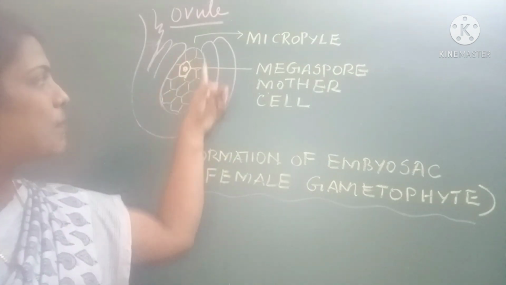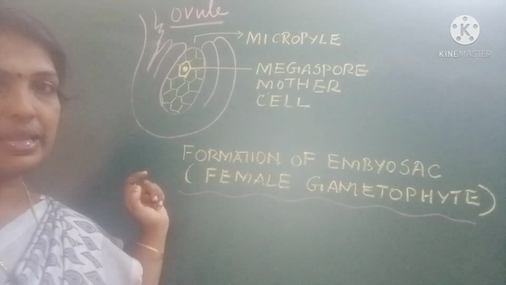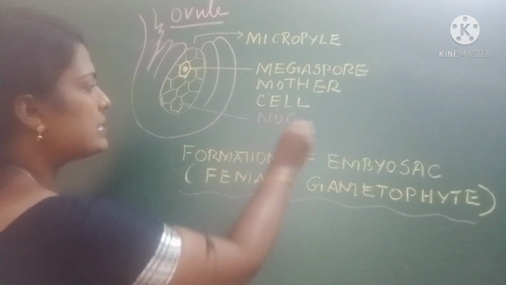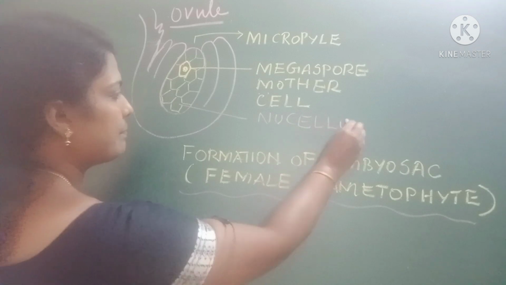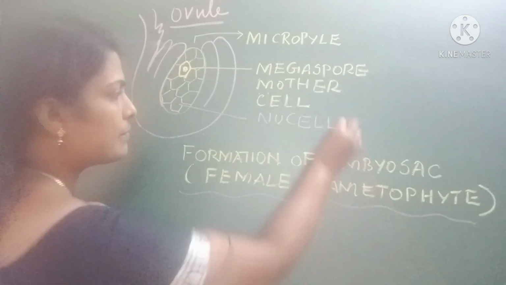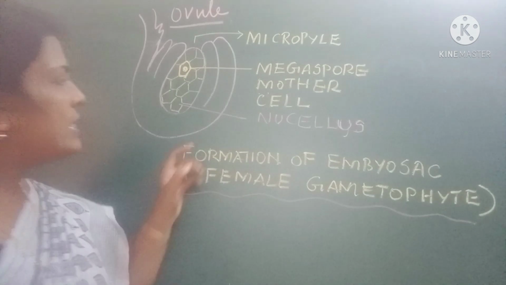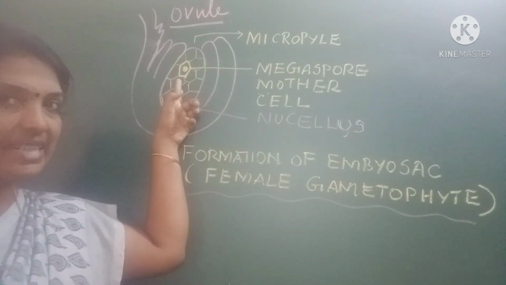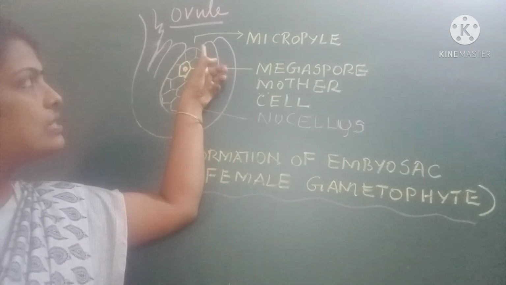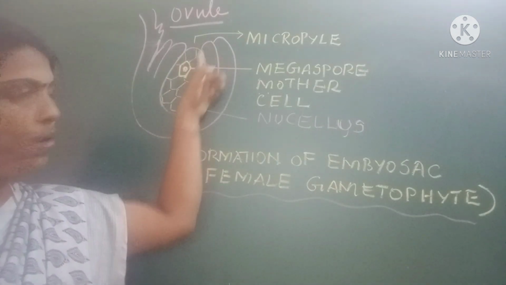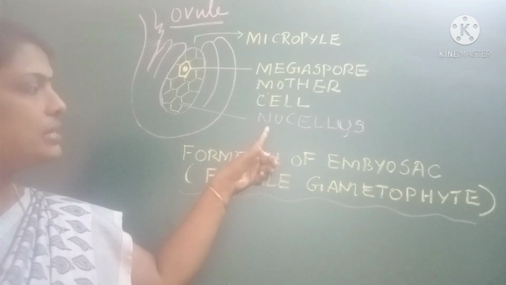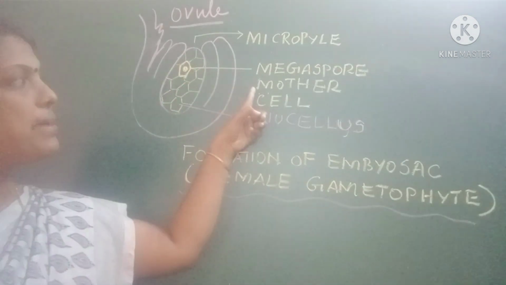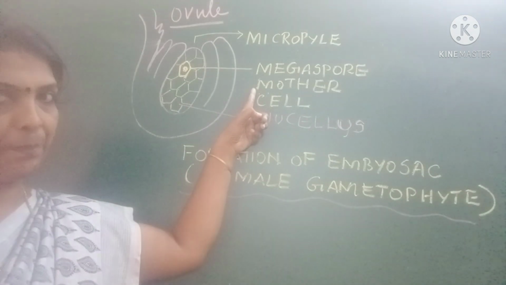Here the central mass of cells is called what? Nucellus, isn't it? In this nucellus, one of the cells towards the micropylar side will act as the megaspore mother cell.